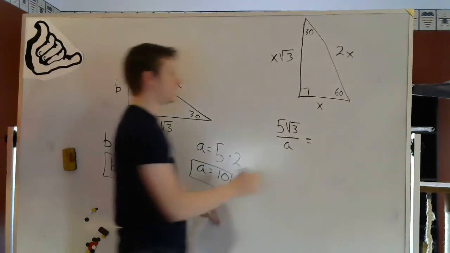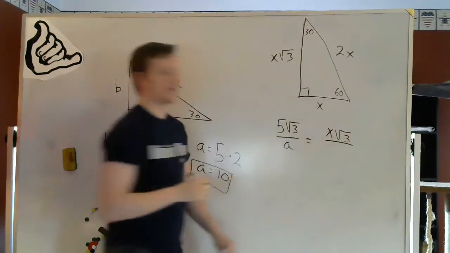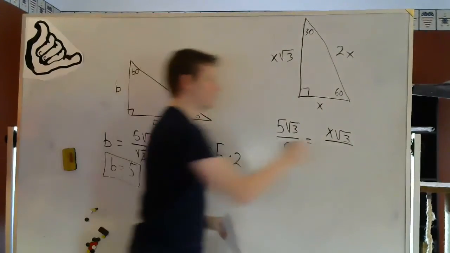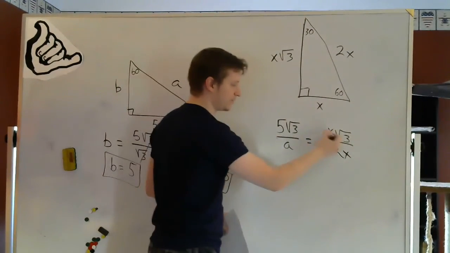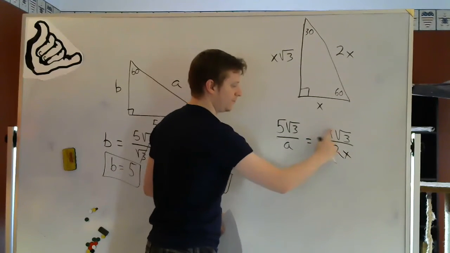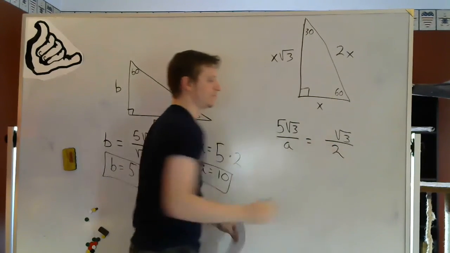So my medium side over here is x times the square root of 3, and my hypotenuse over here is 2x. Once again, my x's are going to cancel. They cancel out. x over x is 1.